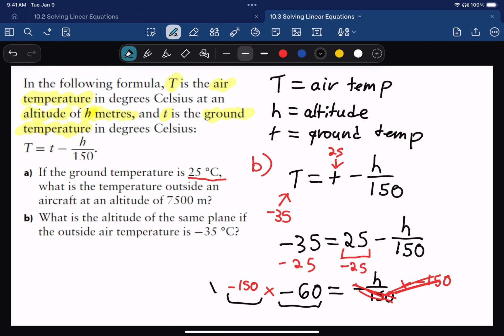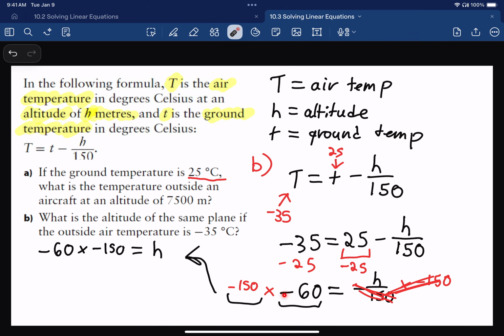I'm kind of running out of room, so I'm just going to sketch this up here. I'll rewrite the equation so it's clear to see. Negative 60 times negative 150 equals h. That's what this equation represents because of the opposite operations that we did.